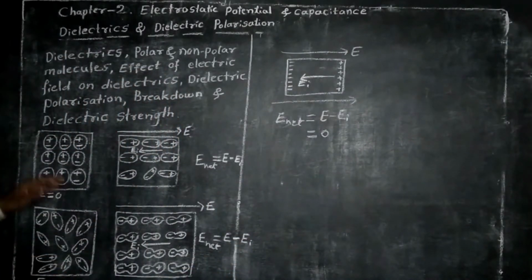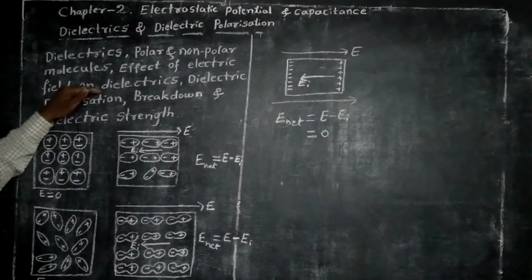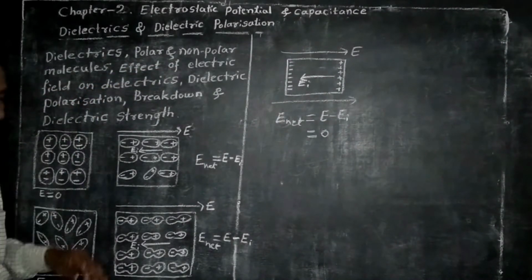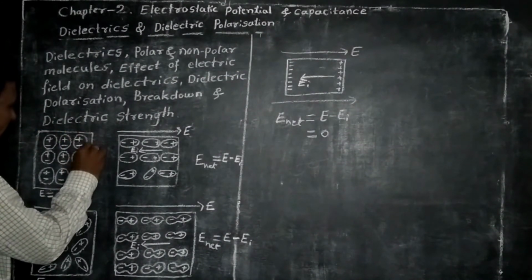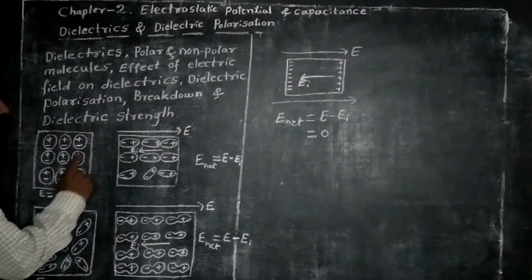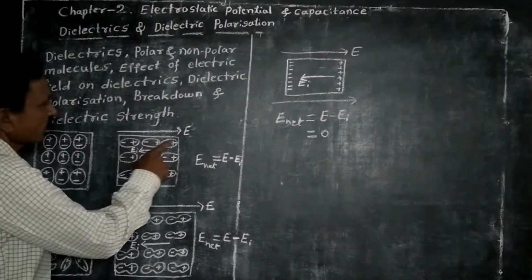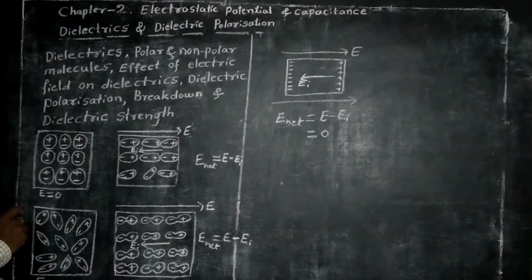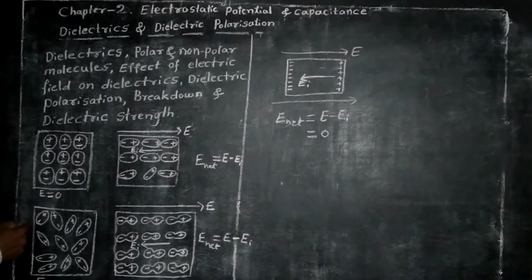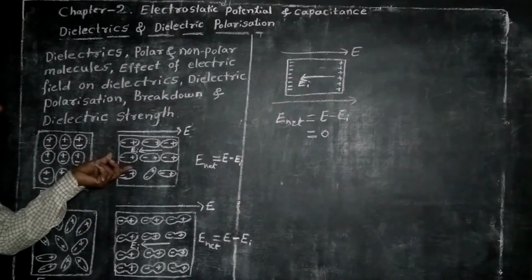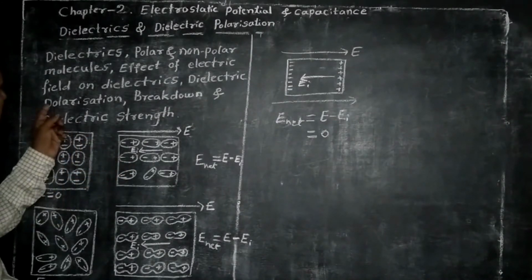Now one by one. What is the effect of electric field on dielectrics? When a non-polar dielectric is placed in an external electric field, positive charges are displaced in the direction of the electric field and negative charges in the opposite direction, and this we call dielectric polarization.